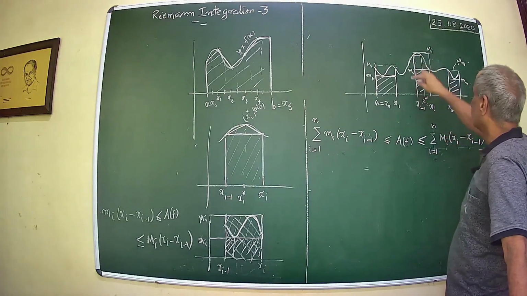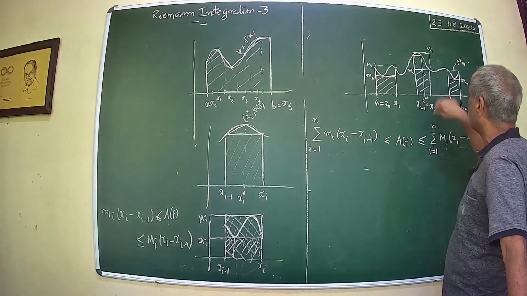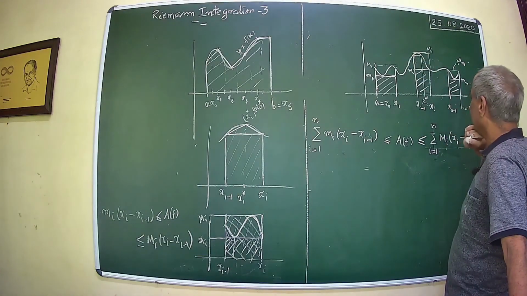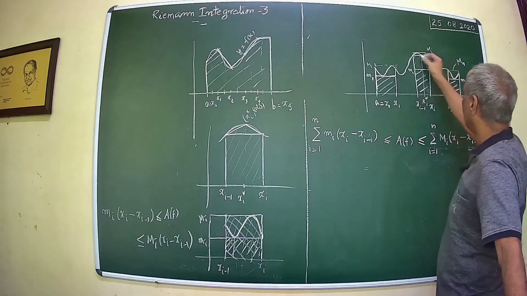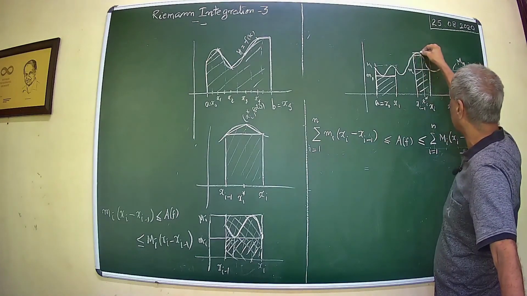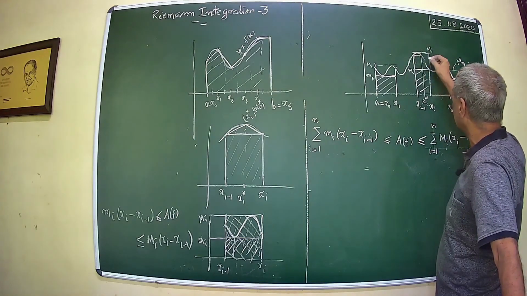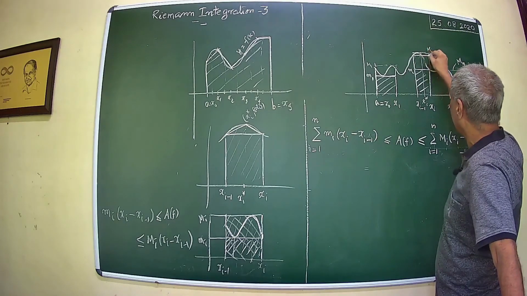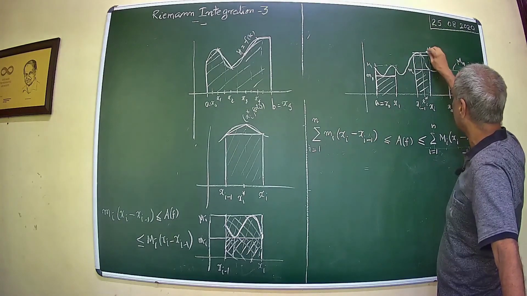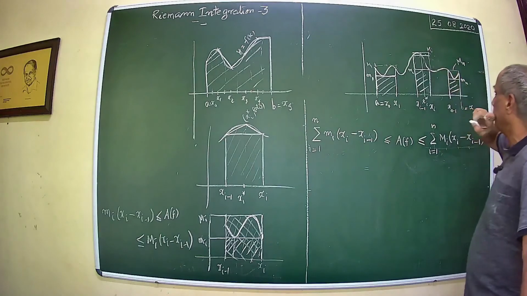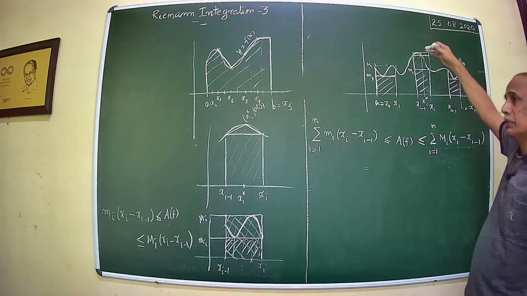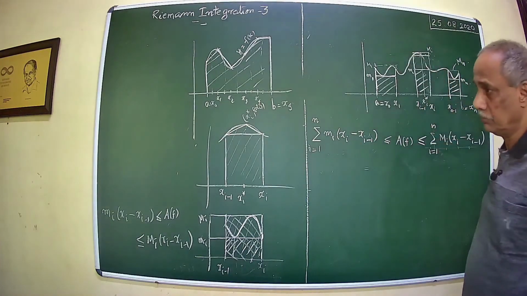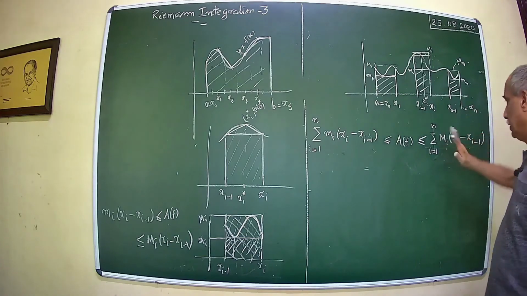Similarly, for the new partition, let me work out the approximation from above. What is the approximation from above? Now you see, I am to lose some area from the top. So the approximation I get from the top moves down closer to the actual area.